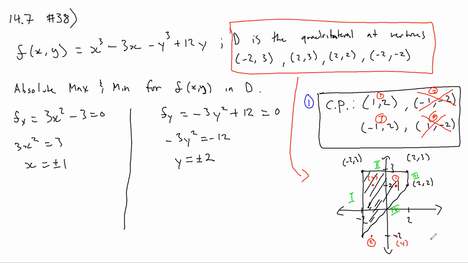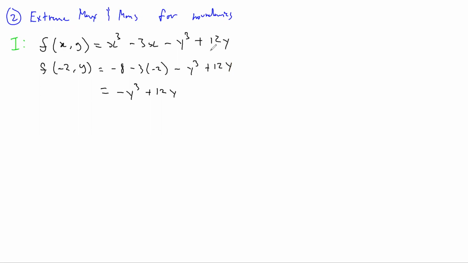Yeah, I copied the question incorrectly. So okay, we get -y cubed plus 12y minus 2.